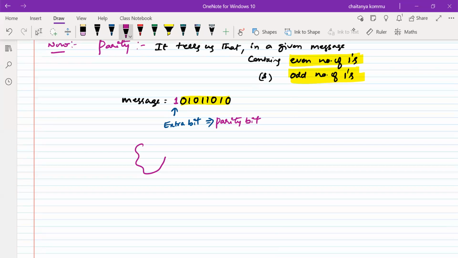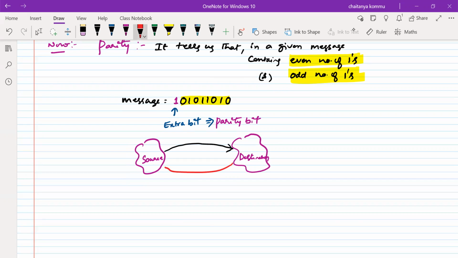So when we talk about the source and destination, for example, this is the source where we send the message, and this is the destination where the message is received. When he receives information, he should send a reply back to the source using ACK or NACK. ACK stands for acknowledgement.